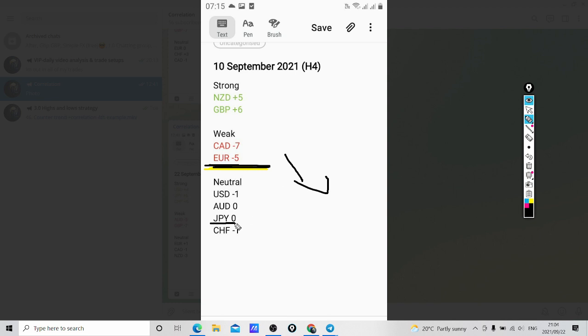And then the JPY was flat, meaning that there was no clear direction. Obviously we must expect a downtrend if we are pairing a weak currency with a neutral one. We knew based on the sentiment of the market that the market is telling us to sell.